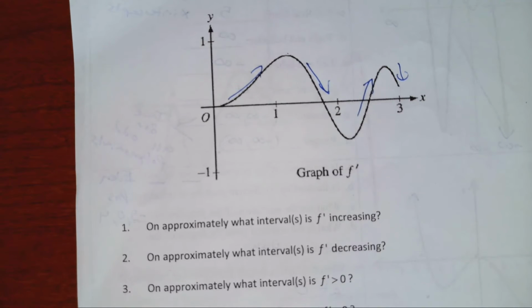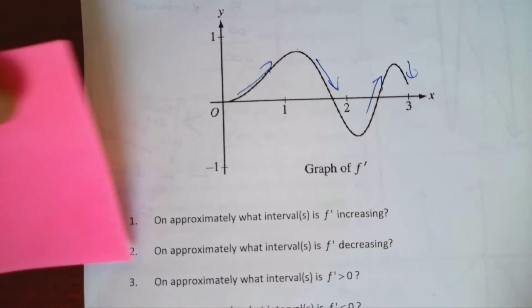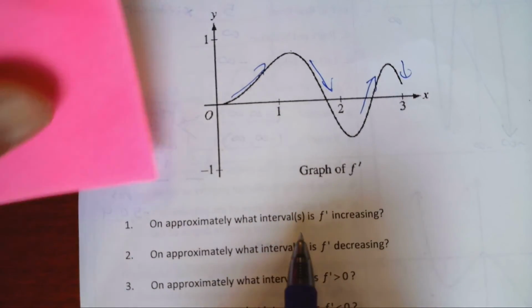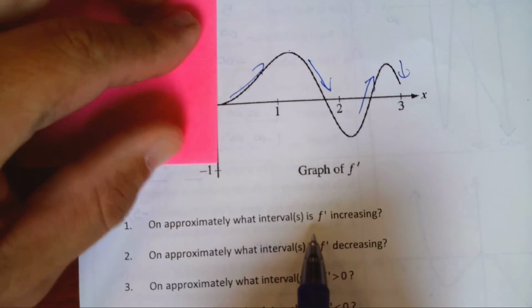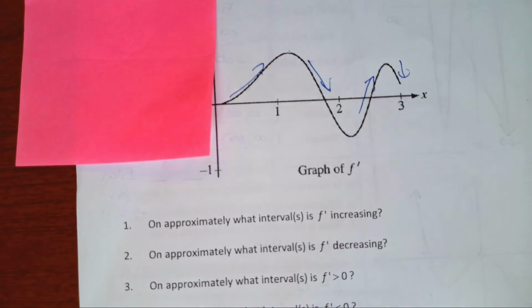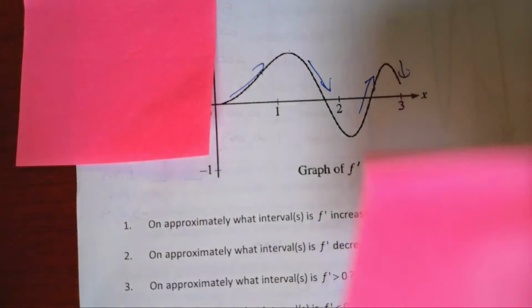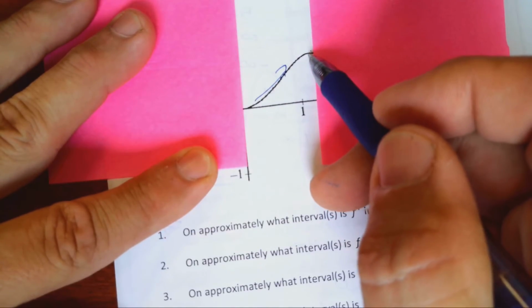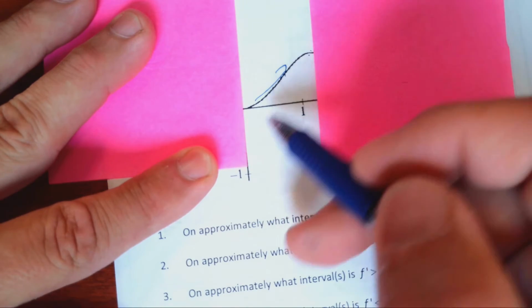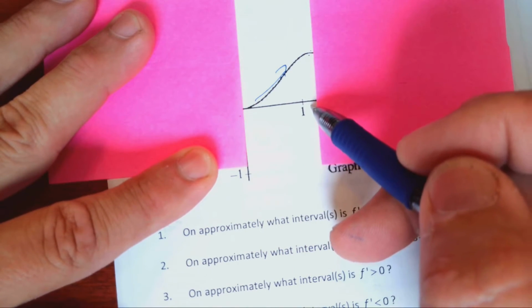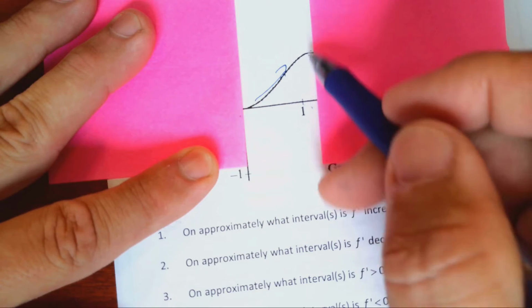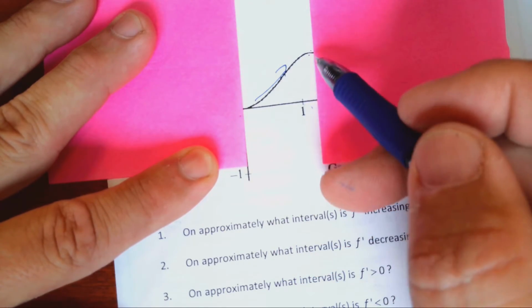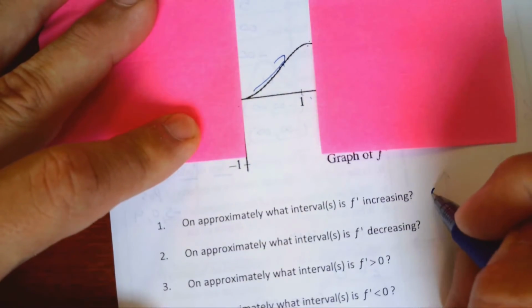So when it's asking you for an interval, it's saying from where to where is it happening. It's never going to be the y value unless it says specifically something about that. When it's looking for where it is increasing, it stops increasing right here, right? From here to about, let's just call it 1 to make it easy, it's increasing. So from 0 to 1, it would be an increasing interval.